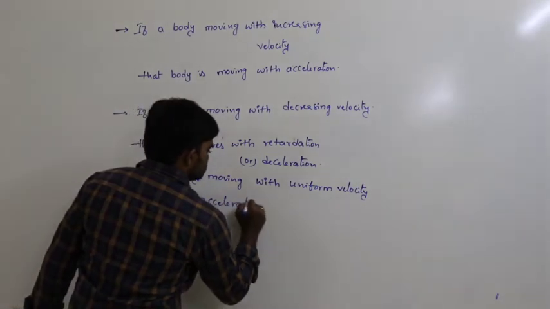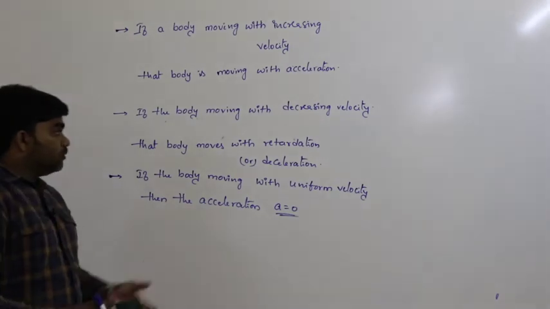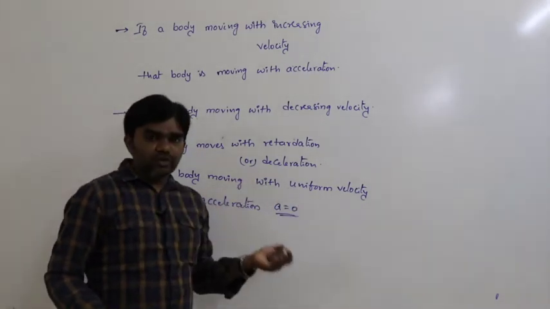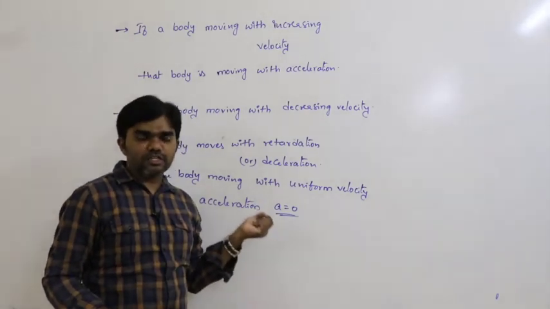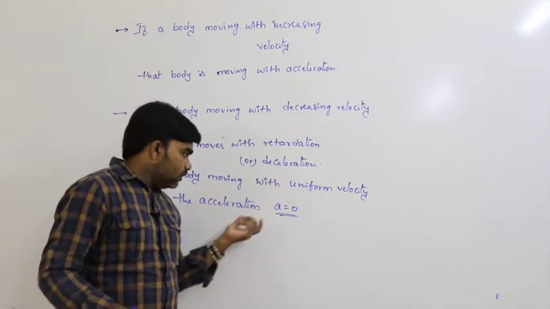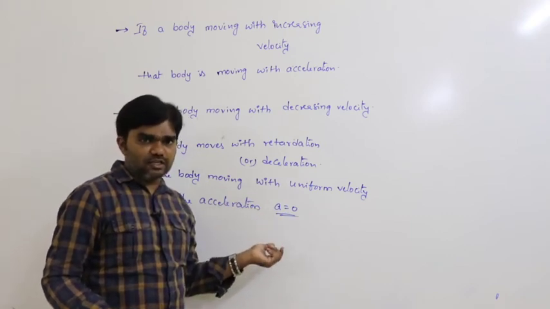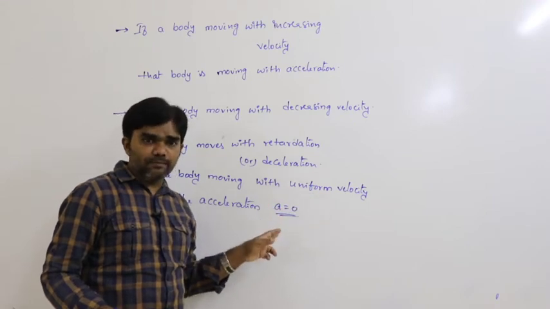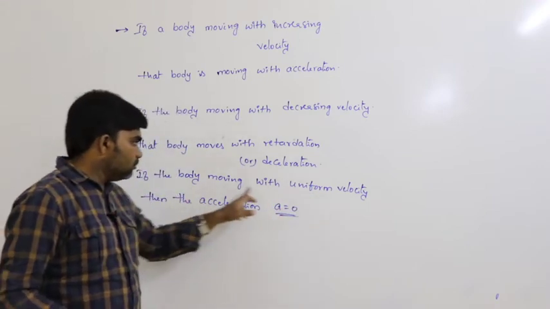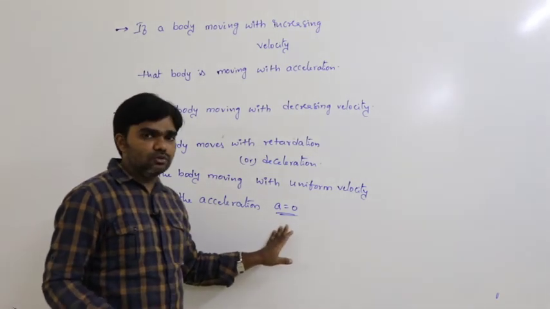Uniform velocity means velocity of the body does not change with respect to time. Acceleration is the rate of change of velocity, but here the velocity does not change with time. That's why the acceleration must be equal to 0.